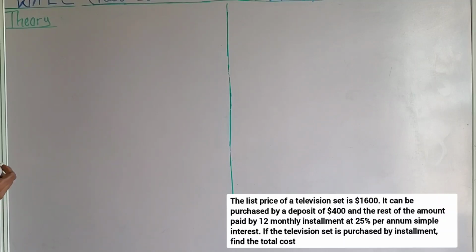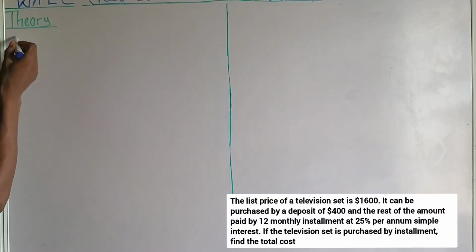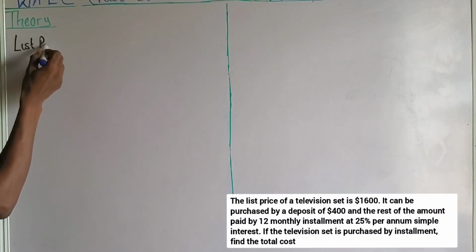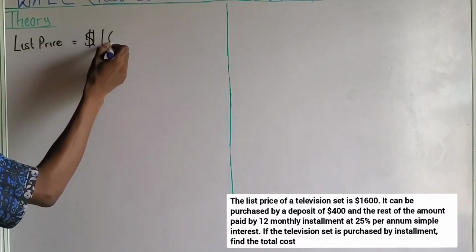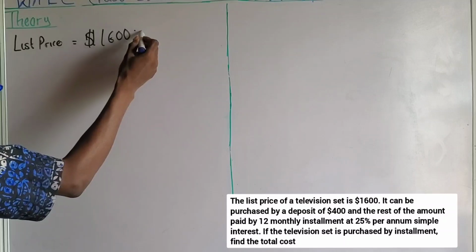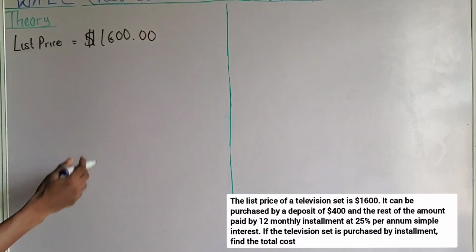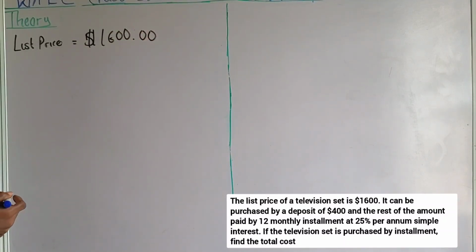We are given that the list price of the television is $1,600. That is the price that the seller wants to sell the television. Now, it can be purchased by a deposit of $400.